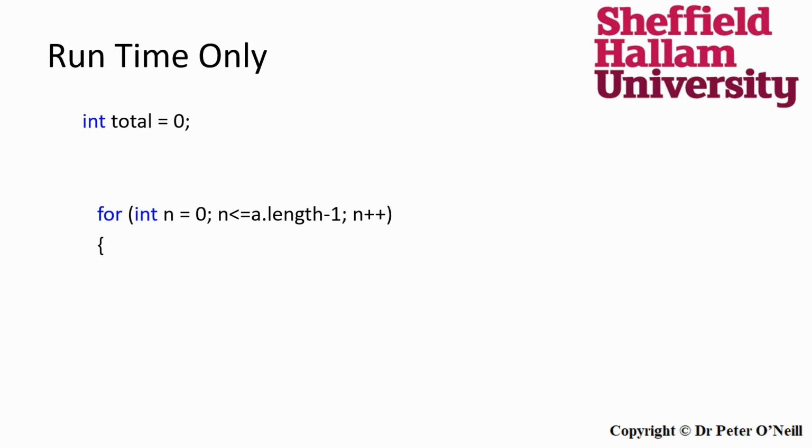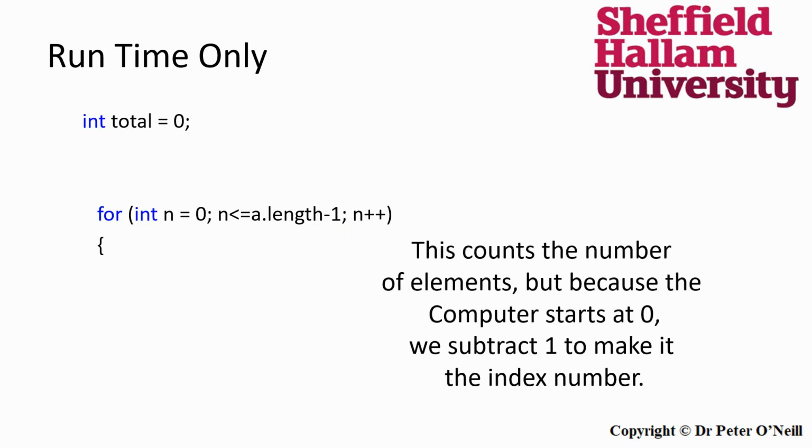So we're opening squiggly brackets. And as I say, this is a part that works out how long our array is so we can get from the beginning to the end. So this gives us the end element. Okay, so we restrict it.